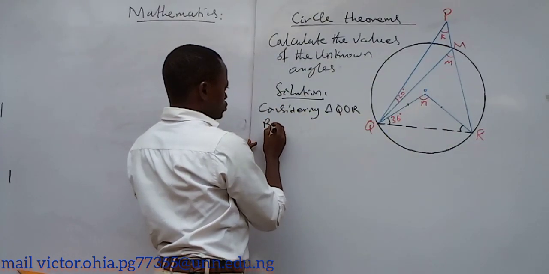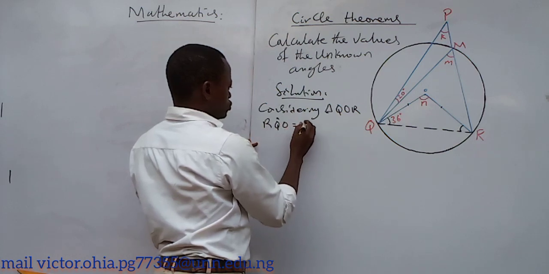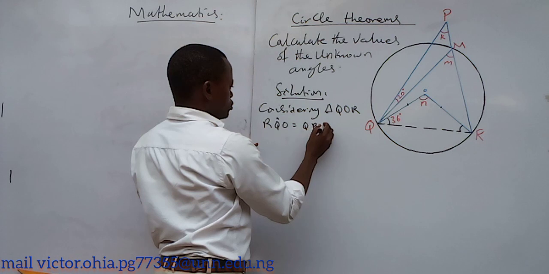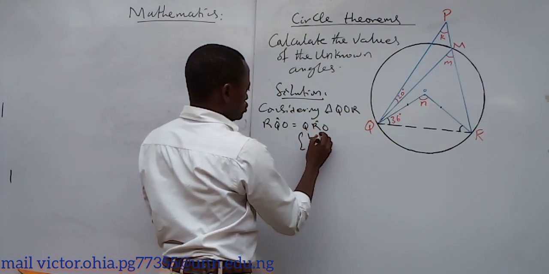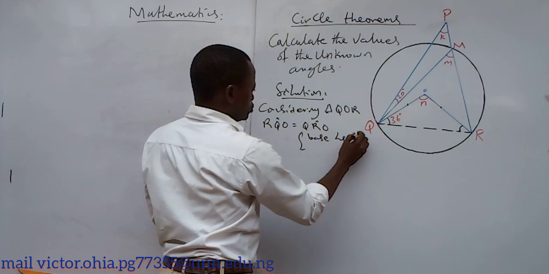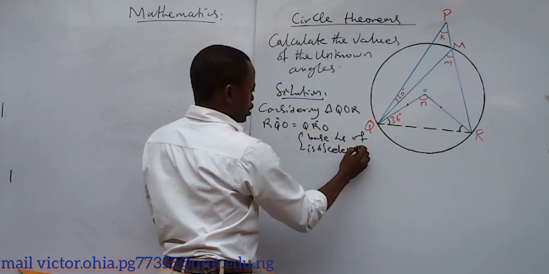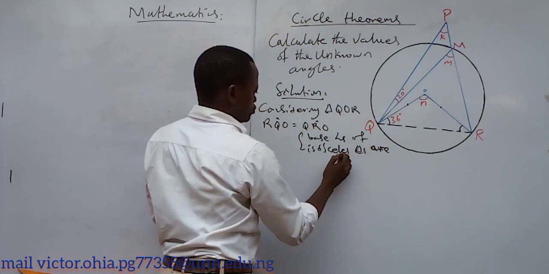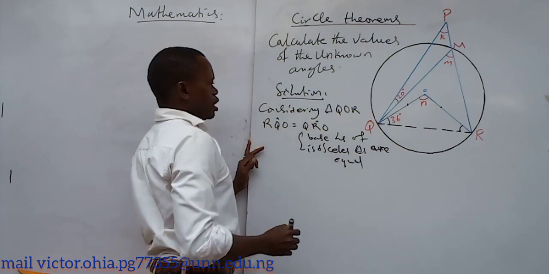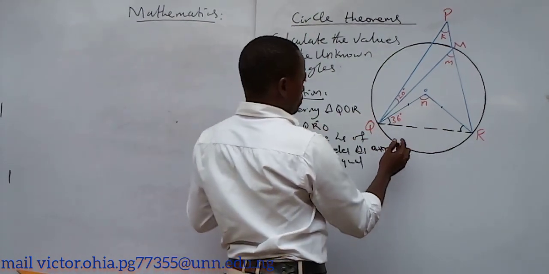Angle QRO is equal to angle QOR. How? Base angles of isosceles triangles are equal. So that is our access point.